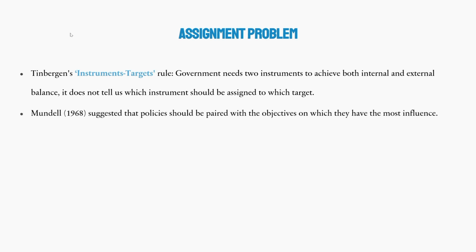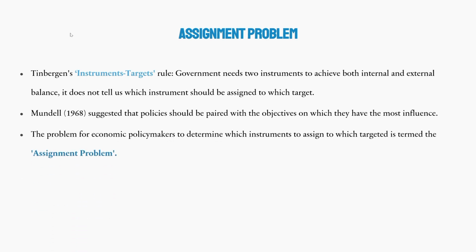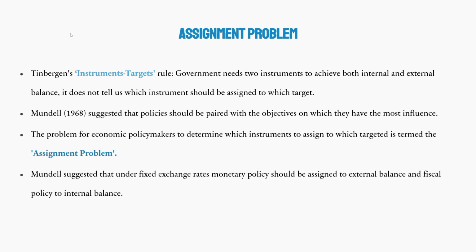Mundell suggests that policies should be paired with the objective on which they have the most influence. The problem for economic policymakers to determine which instruments to assign to which target is termed the assignment problem. Mundell suggests that under a fixed exchange rate, monetary policy should be assigned to external balance and fiscal policy to internal balance.